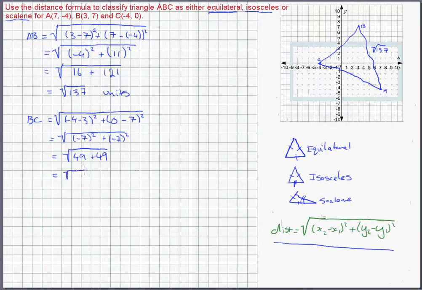So the length BC is the square root of 98. So far we have two different sides. So we know it's not equilateral anymore, it could either be isosceles or scalene.